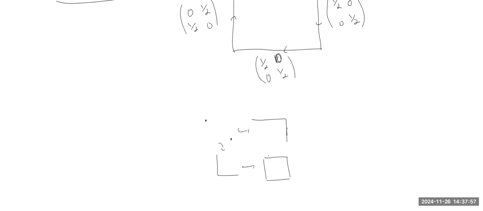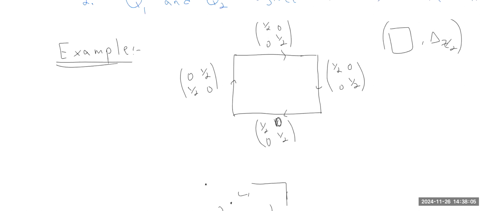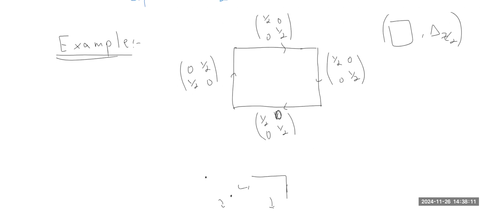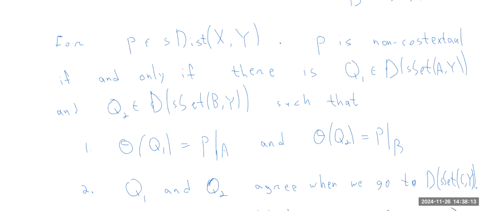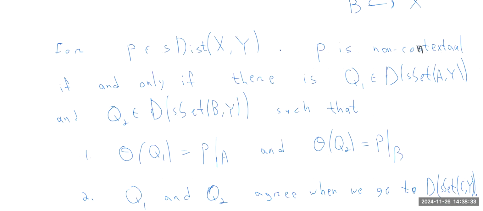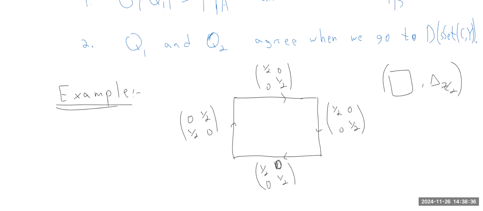So by restricting, the lemma tells me to restrict to this side and this side, and this is if and only if. If we don't have this, then it's contextual. So I want to show you that there are no pre-images for this and for this that agree.